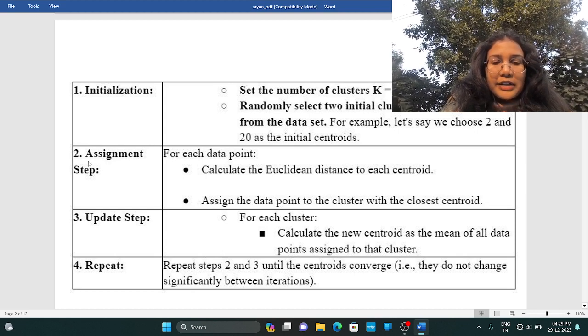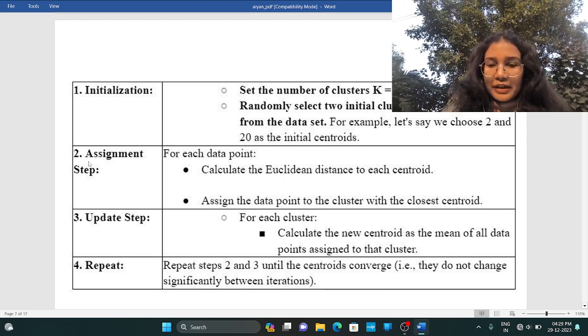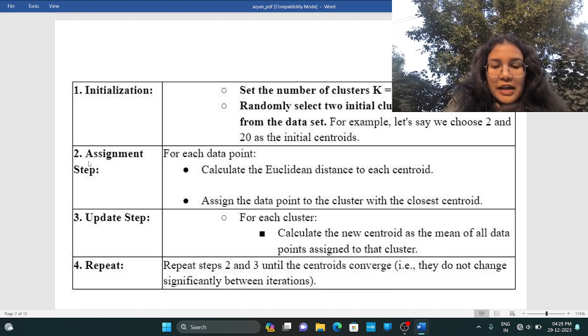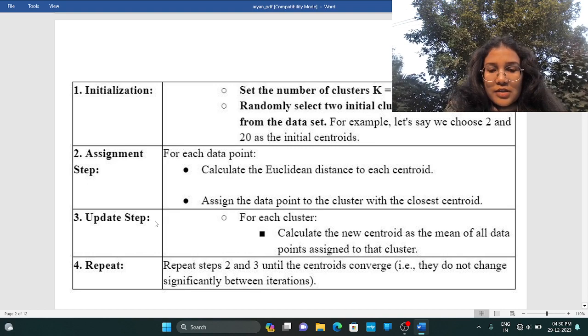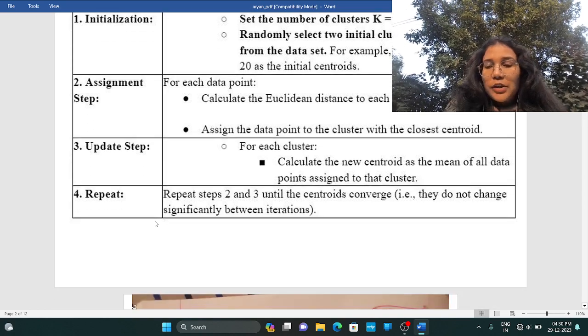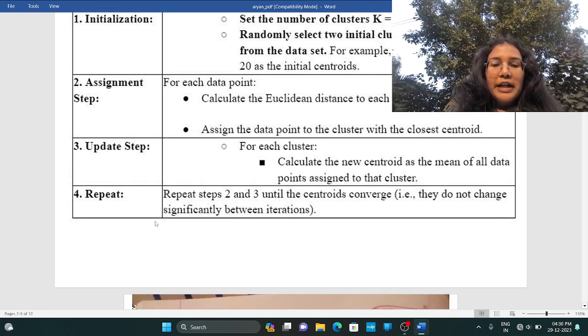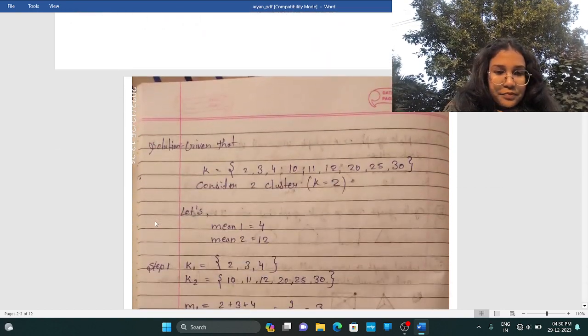For each data point, calculate the Euclidean distance to each centroid, and assign the data point to the cluster with the closest centroid. Third, update step. For each cluster, calculate the new centroid as the mean of all data points assigned to that cluster. Fourth, repeat steps 2 and 3 until the centroids converge.